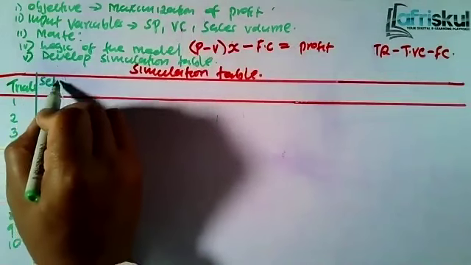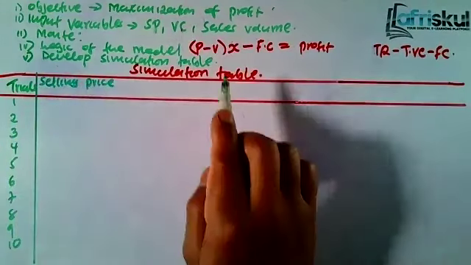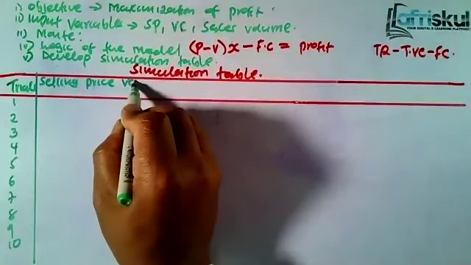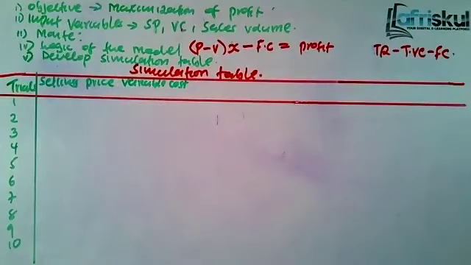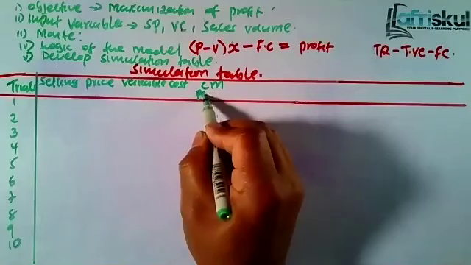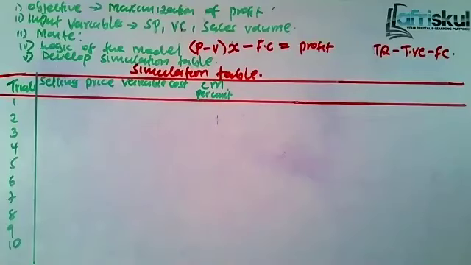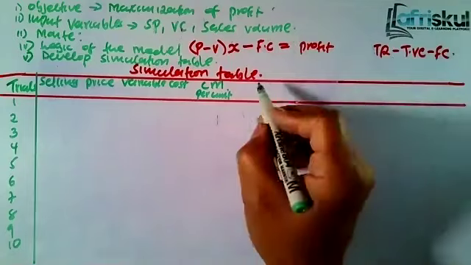So you take the selling price, you minus the variable cost, so that we can get the contribution margin per unit. To get the contribution margin per unit, then you multiply by the number of units or the sales volume.